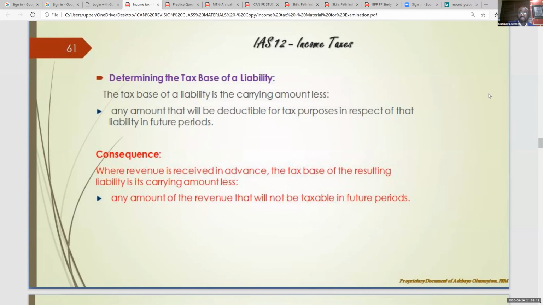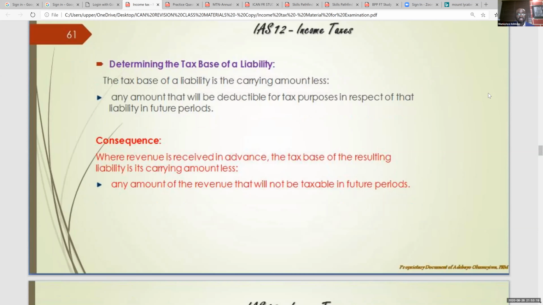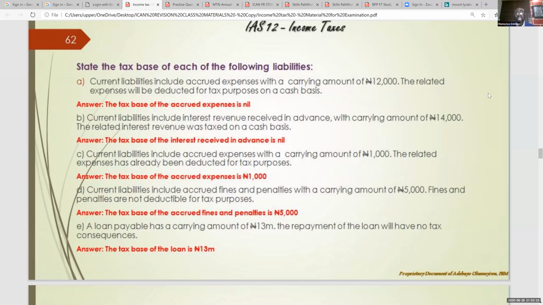Now, let's look at a practical example. We have a current liability. In this case, the current liability is accrued expenses, and we are told that the carrying amount is 12,000. But the related expenses will be deducted for tax purposes on a cash basis. What it simply means is similar to the interest payable in the examination question we saw, where there is no tax consequence.